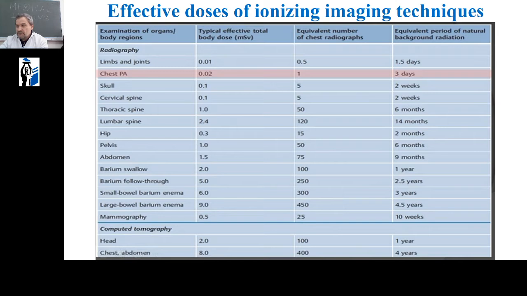But there are techniques associated with an even higher dose of radiation. Once again, we are not talking about direct harm to health, but about the risk of adverse effects. If the diagnosis is applied correctly, the benefits obtained outweigh the risk that exposure to ionizing radiation carries.